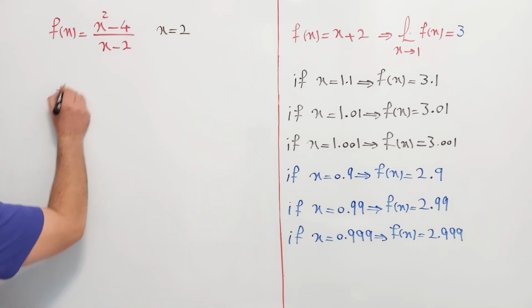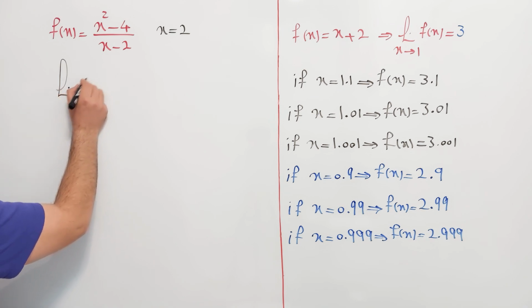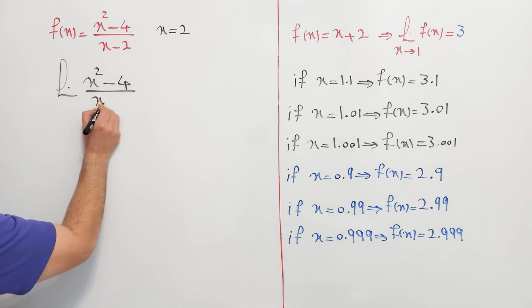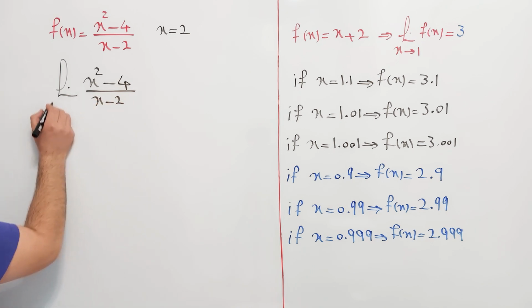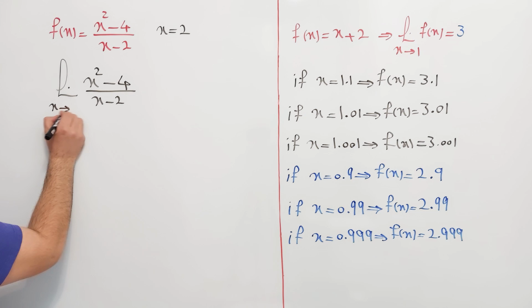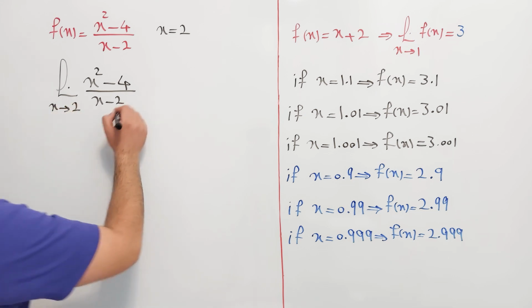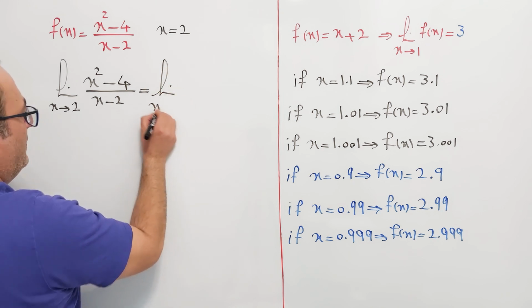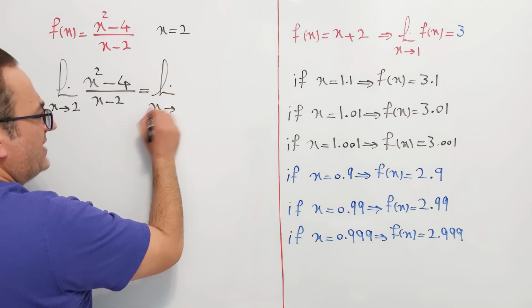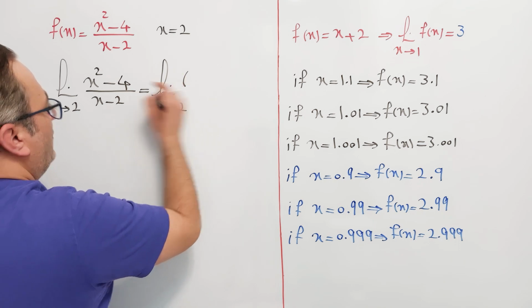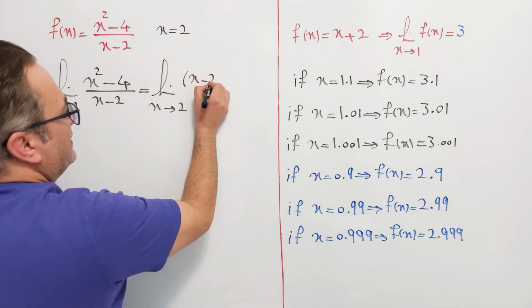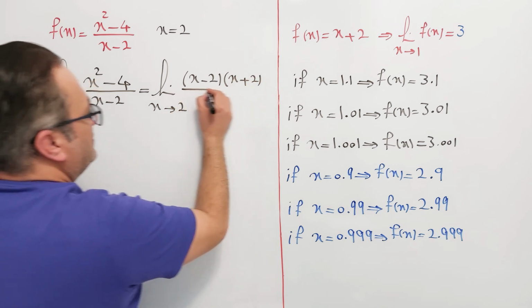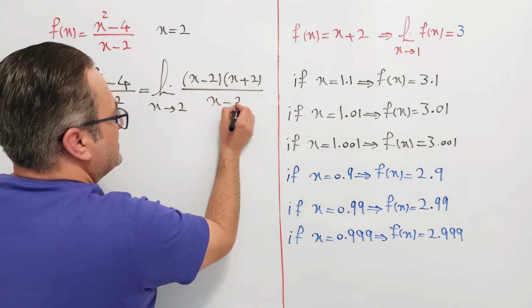So the limit of (x² - 4)/(x - 2) as x approaches 2, let me simplify, is equal to, we have (x - 2)(x + 2)/(x - 2).